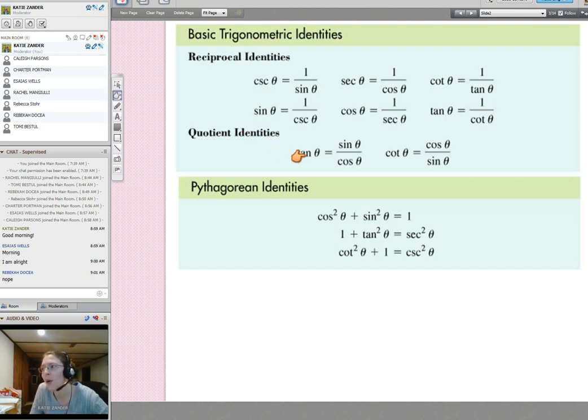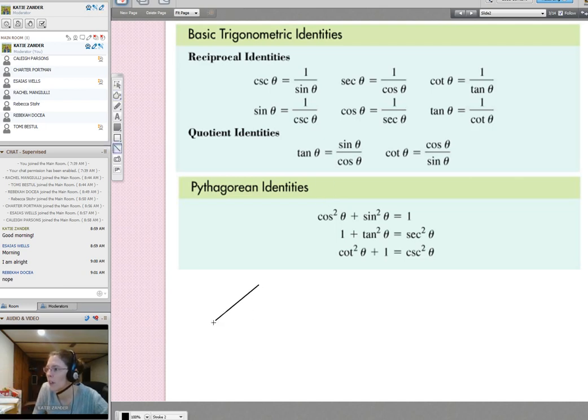And hopefully we already know that tangent is the fraction sine over cosine, and cotangent is the reciprocal of that, cosine over sine. What we do not know yet is how the Pythagorean theorem comes into play with our trig functions. So we can use the Pythagorean theorem with our trig functions, and if we were to bring out our unit circle, we could see that right triangle being created, right?